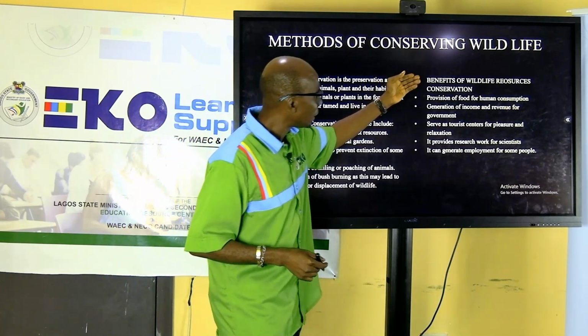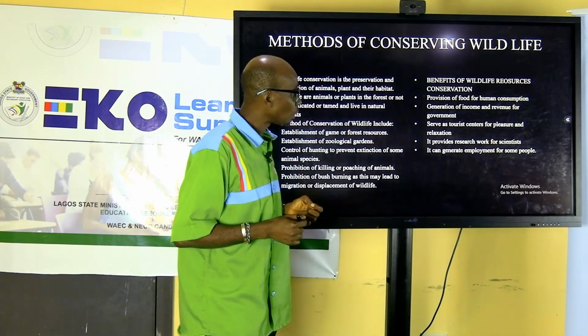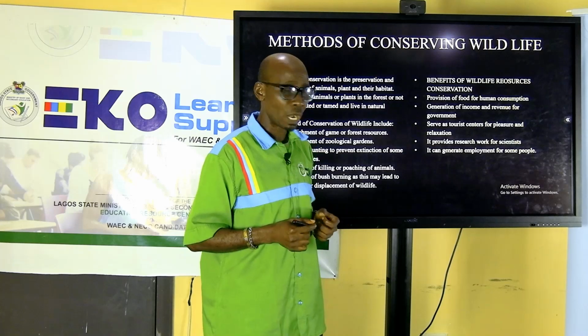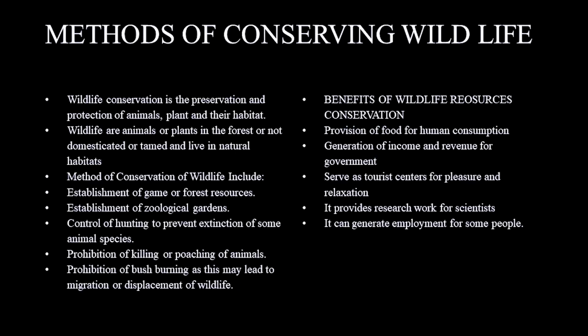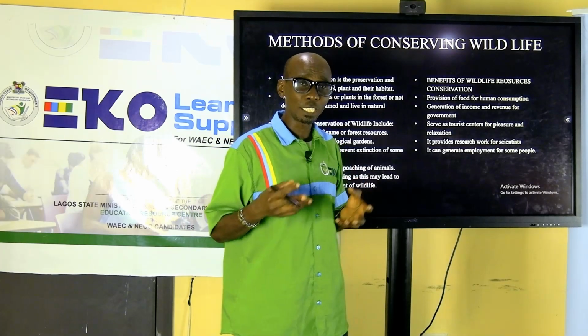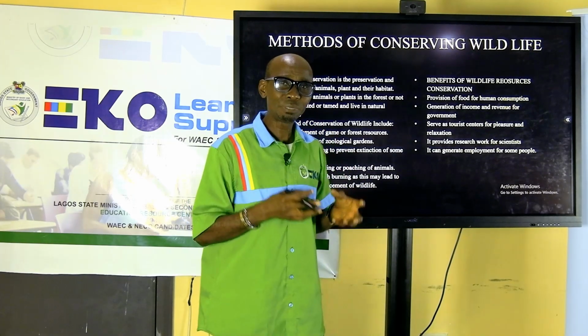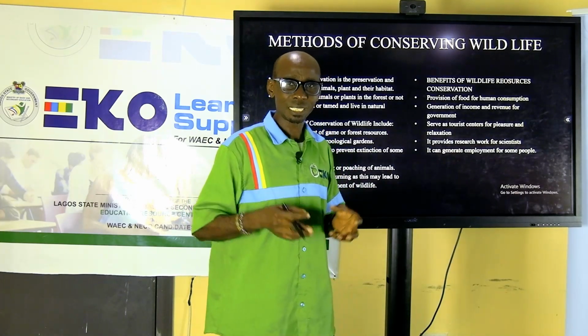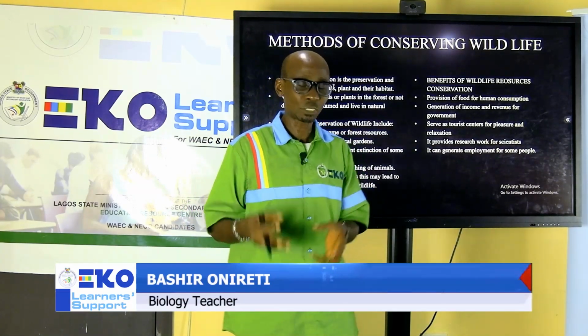The next one is benefits of conservation of wildlife. From wildlife, we get food for human consumption, generate income for our benefit, and they serve as tourist centers. People travel all over the world just to see different kinds of animals and forests in their natural state, the way these animals behave naturally.